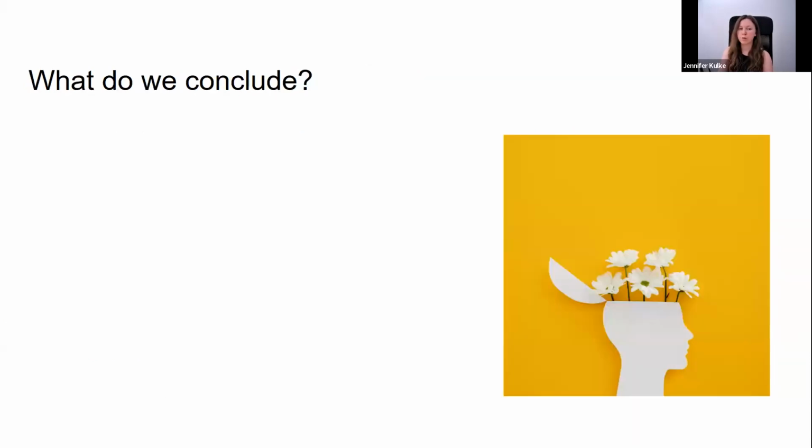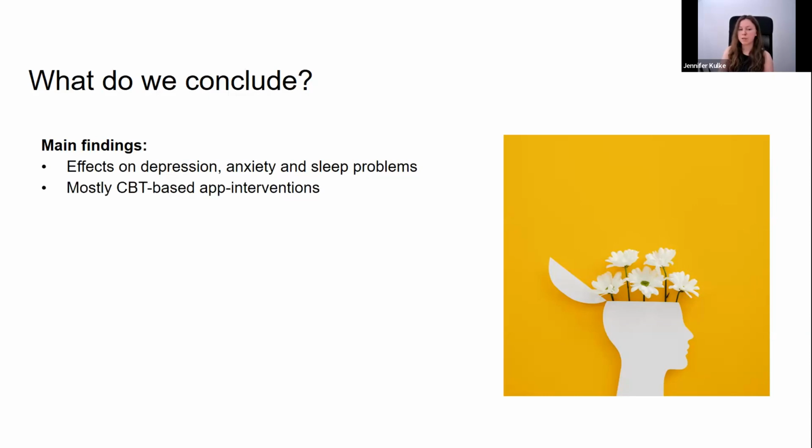So what do we conclude? Our main findings are that we find effects on depression, anxiety, and sleep problems. The app interventions were mostly CBT based, but we also see a moderate to high heterogeneity and a moderate to high risk of bias. So this leaves us with open questions.